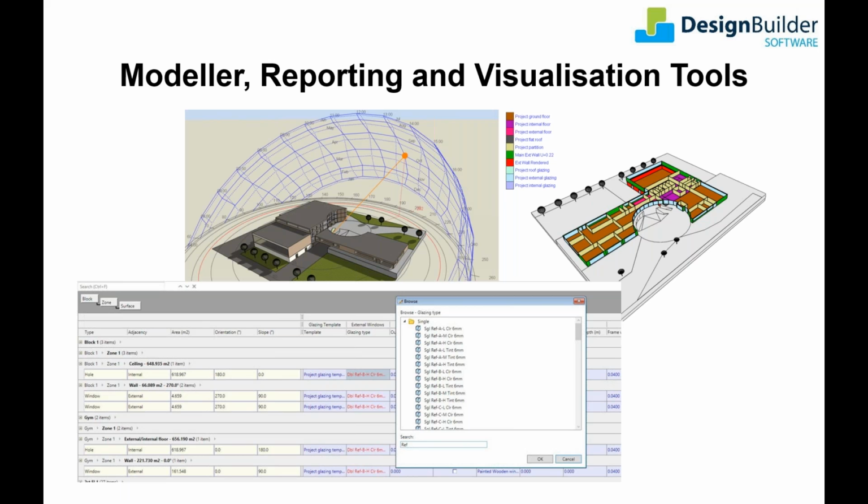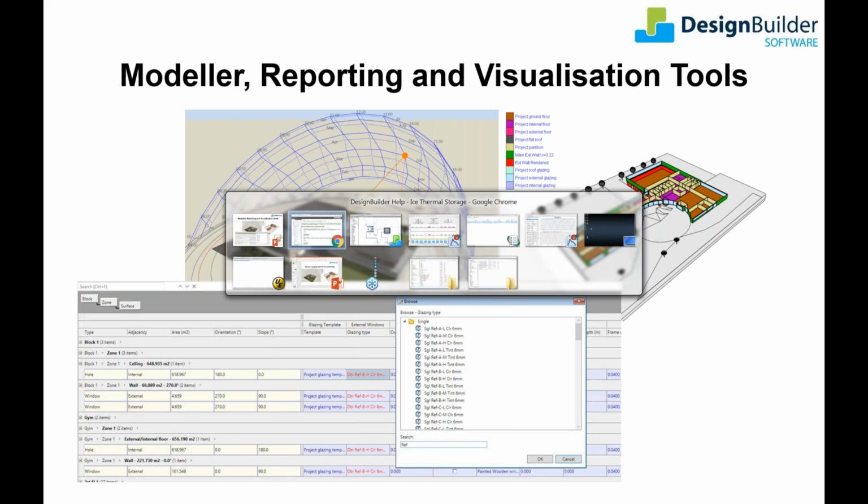For those of you working with the IDF input file, please review the help item on this. The model data grid tool has been updated and now allows the data to be edited, and there's a plugin for Revit 2019. So now let's take a look at some of these in the DesignBuilder interface.